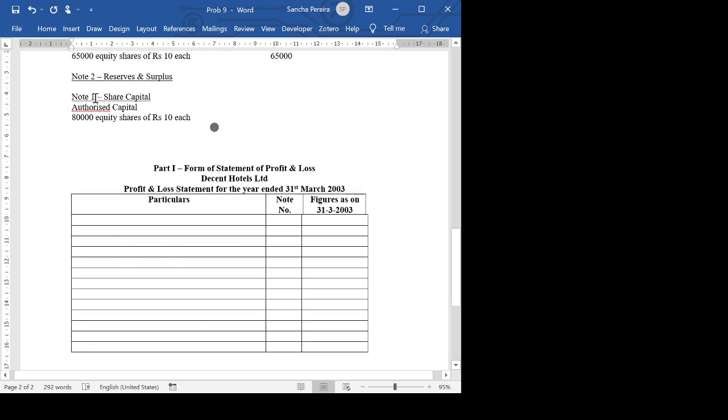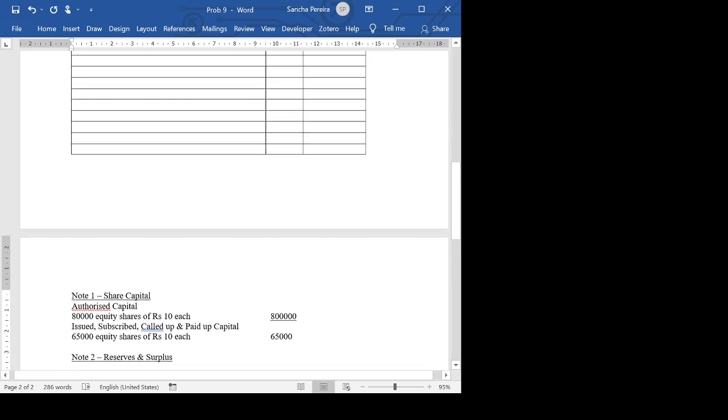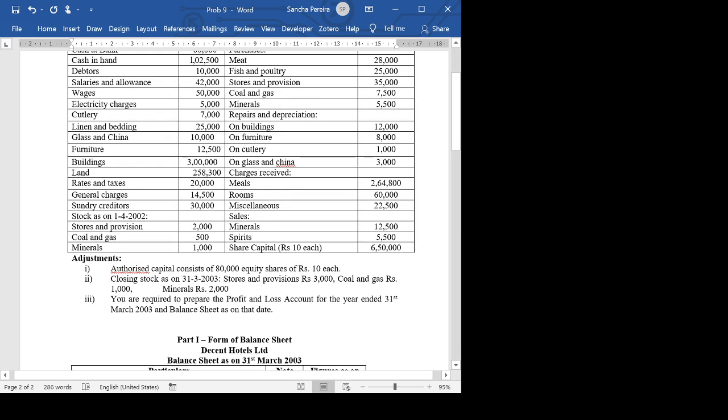So my note 3 is only going to be trade payables, which is the sundry creditors, which is going to be 30,000. It's given to us as 30,000. Here sundry creditors are 30,000.